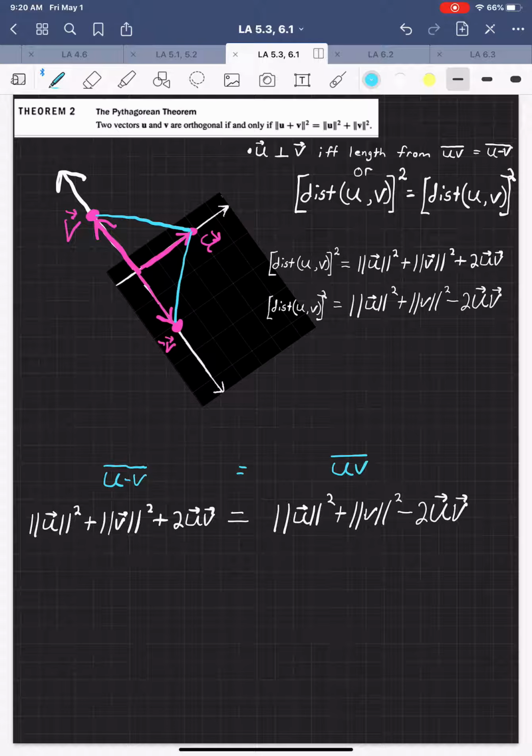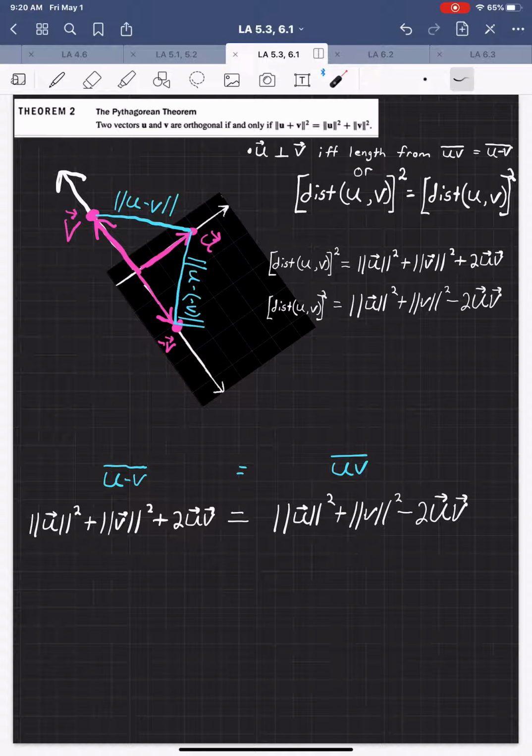The length would be the magnitude of u minus v, and this would be the magnitude of u minus negative v. So this is a much better way of thinking about perpendicularity: the length from u to v is equal to the length from u to negative v.